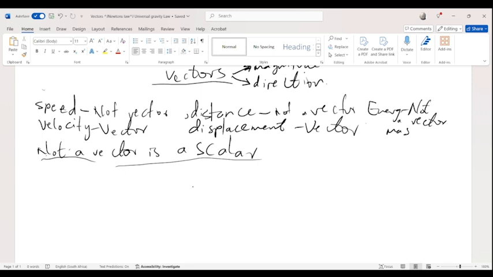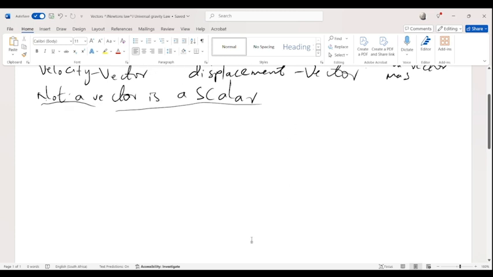Okay, so I'm going to give a very nice example of how vectors are represented. Vectors are always represented on a Cartesian plane. They have directions, so they need to be put on a graph.